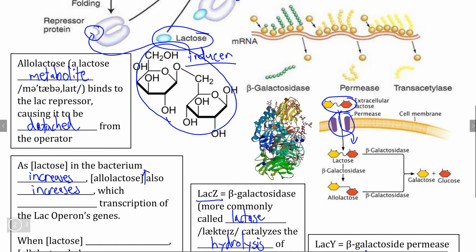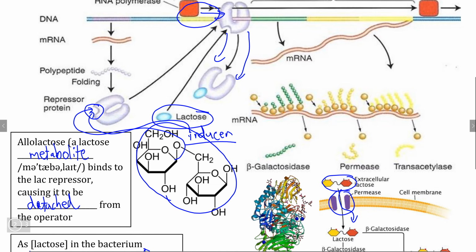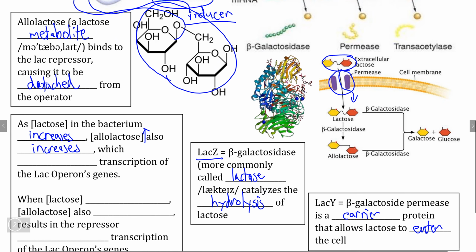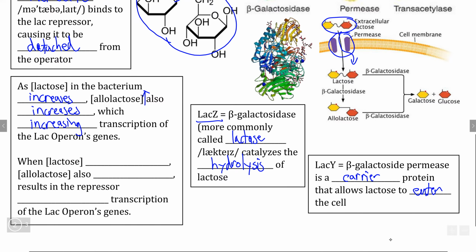And the more allolactose we have, the more likely it will be to bind to the allosteric site of this repressor protein, causing it to fall off and thereby increasing the level of transcription of the genes regulated by the Lac Operon. Now, of course, all of this also happens in reverse.